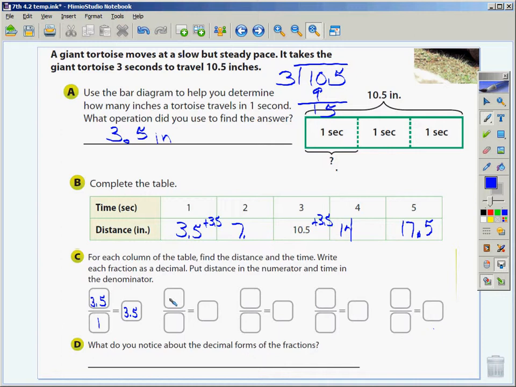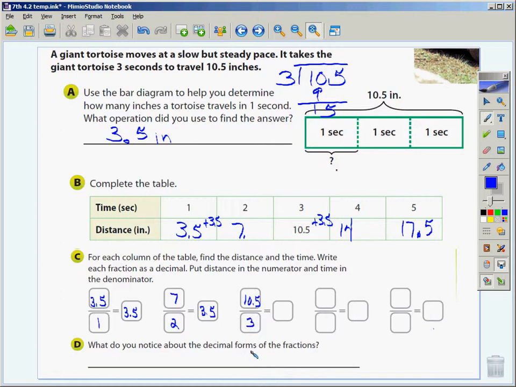Second column, distance was 7. Time was 2. 7 divided by 2 is 3.5. Next column, 10.5 was the distance.